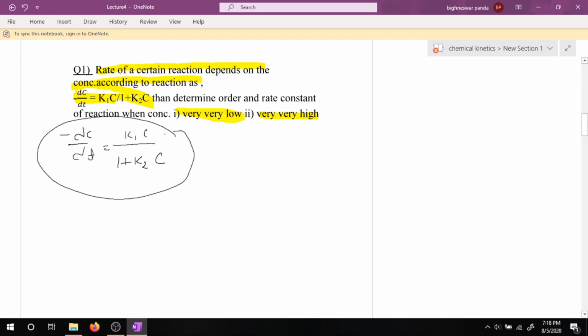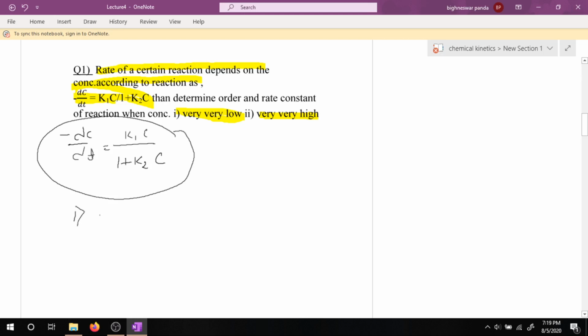Then determine the order and rate of reaction when concentration is very low. So let's start with point number 1.